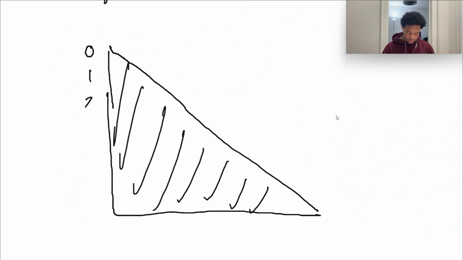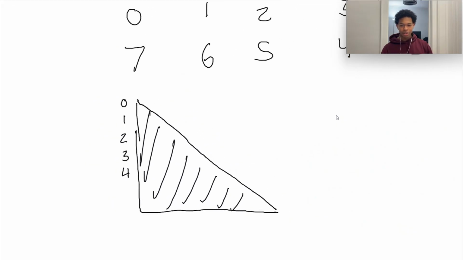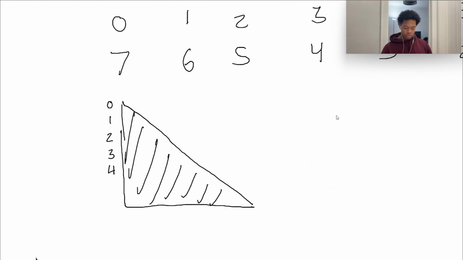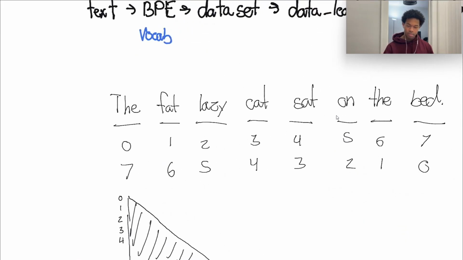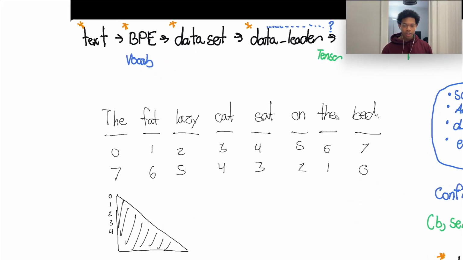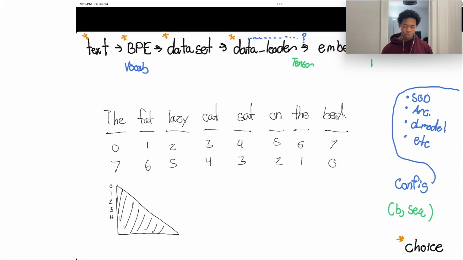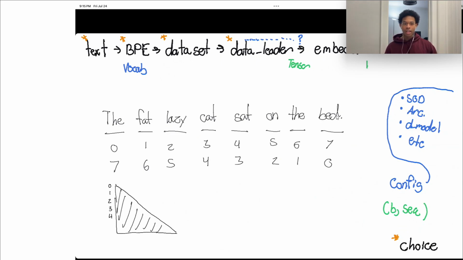To go 0, 1, 2, 3, 4. So 0 sees very little information in terms of how I want to write the indices. So option 1 is actually how we are indexing our words.